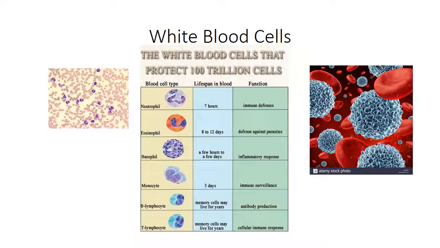Then second from top, eosinophils, beautiful cells. They resemble this kind of like Japanese flag, rising sun. They specialize in defense against parasites, especially helminths, those worms: flat worms, round worms, segmented worms.